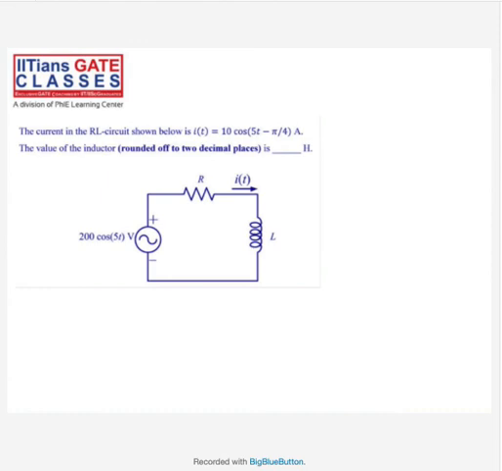The current in the RL circuit shown below is I of t is given. The value of inductor rounded off to 2 decimal places. Last question for today.